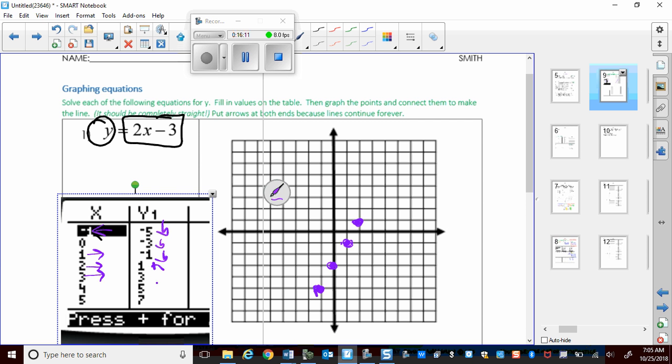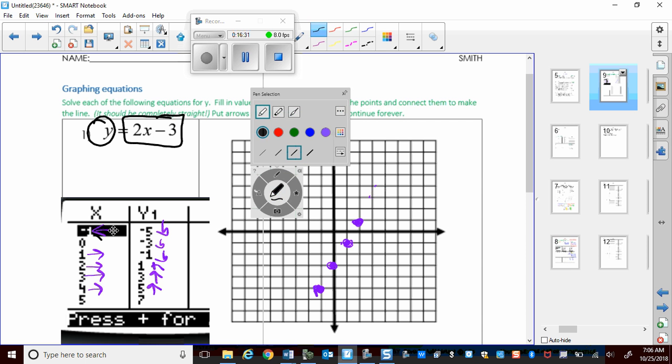Right 3, up 3. Okay. Right 4, up 5. Oh, didn't quite get that correct. Here we go.